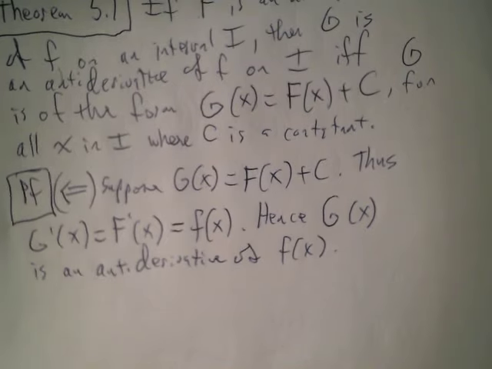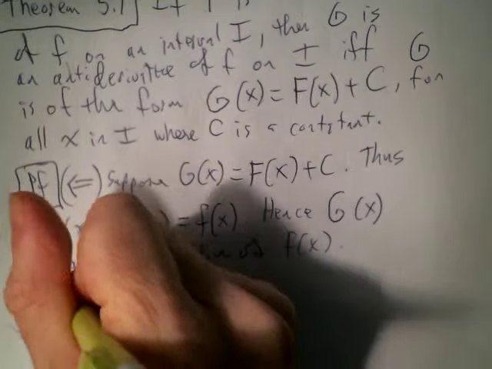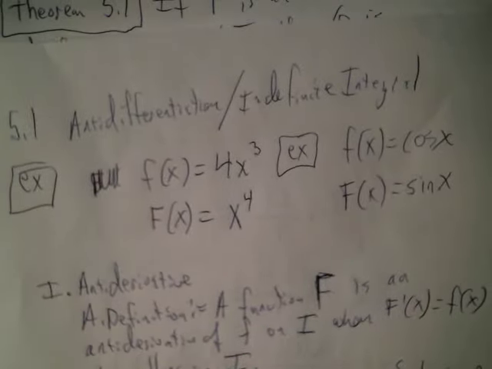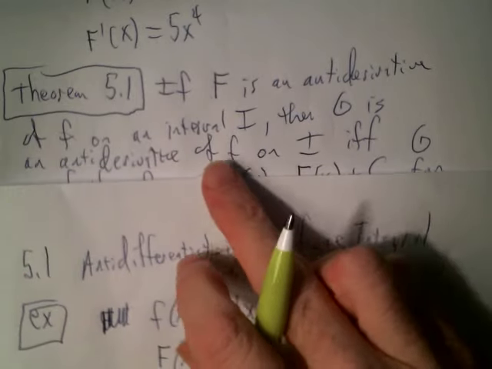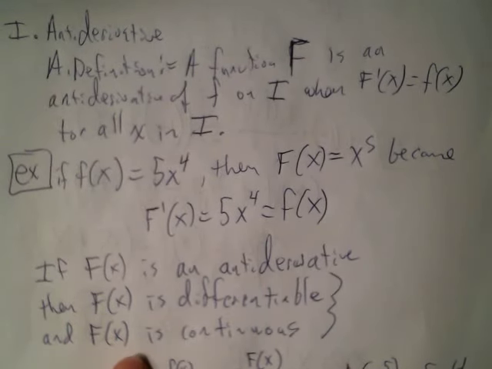Okay, it's almost too good to be true. In the other direction, though, it's a little more work. And I use all that junk that I was saying before. Right? I use the fact that I know, so my supposition is F is an antiderivative directly from the beginning. And because F is an antiderivative, F of x is differentiable and F of x is continuous.